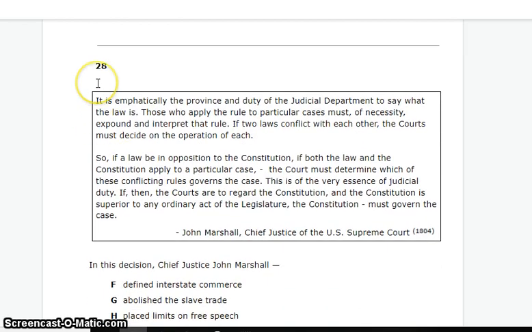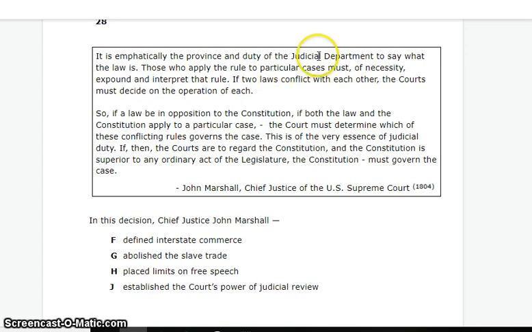Number 28. It is emphatically the province and duty of the judicial department to say what the law is. Those who apply the rule to particular cases must, of necessity, expound and interpret that rule. If two laws conflict with each other, the courts must decide on the operation of each.